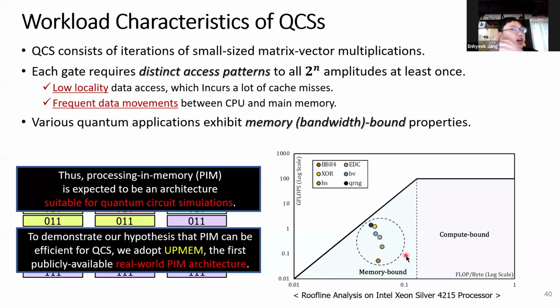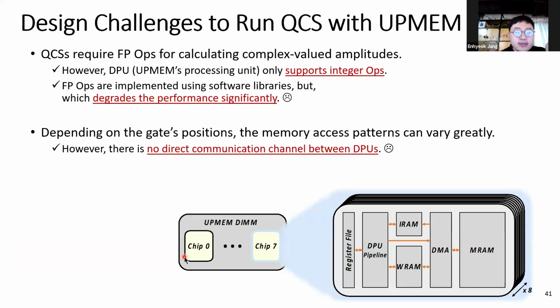To demonstrate our hypothesis, we adopt UPMEM, the first publicly available real-world PIM architecture. But there are several design challenges to executing quantum circuit simulation on UPMEM. Quantum circuit simulation requires many floating point operations for calculating complex-valued amplitudes, but UPMEM's processing unit, the DPU, can only support integer operations.